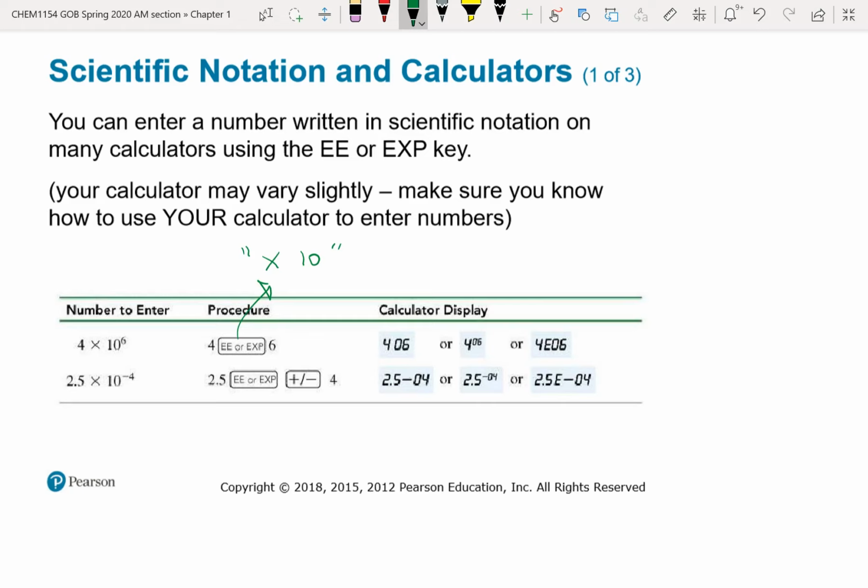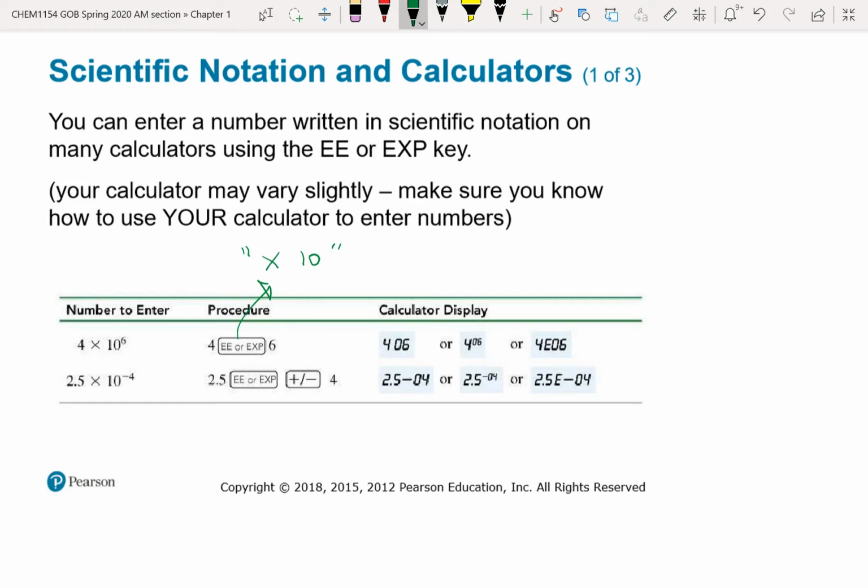So it may be a second function, or EXP, on your calculator. You may also have 10 to the x on your calculator. So EE, EXP, or 10 to the power of x.